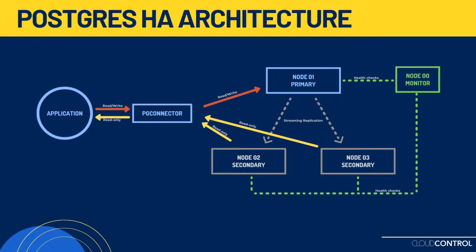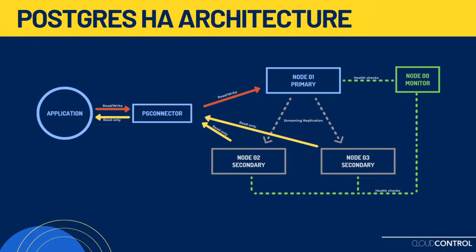Now, the PG auto failover deployment, which you will see, will create one monitor node. That monitor node itself is a Postgres database, and it monitors the rest of the nodes, one of which comes out as the primary, which is the read write database, as you can see here. And there could be multiple secondary databases.